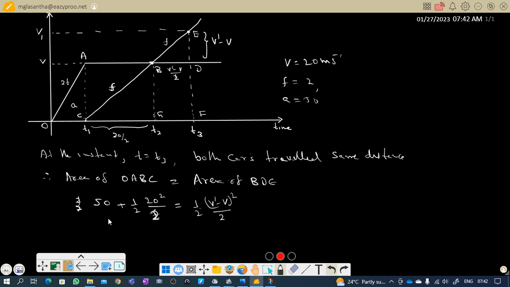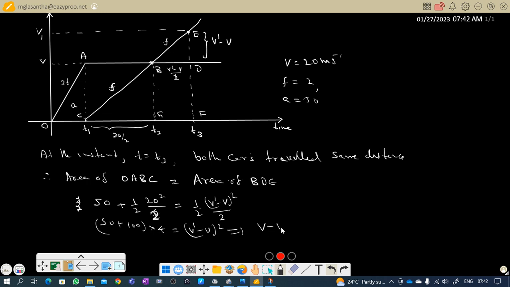If you simplify this side, 50 plus 100 into 4 equals (V dash minus V) whole squared. So this side is 600.